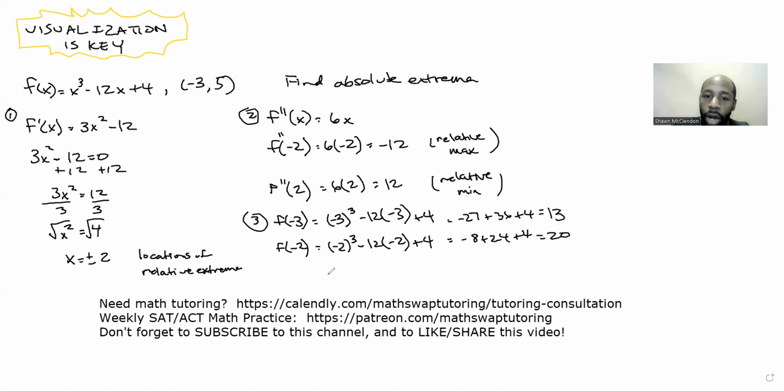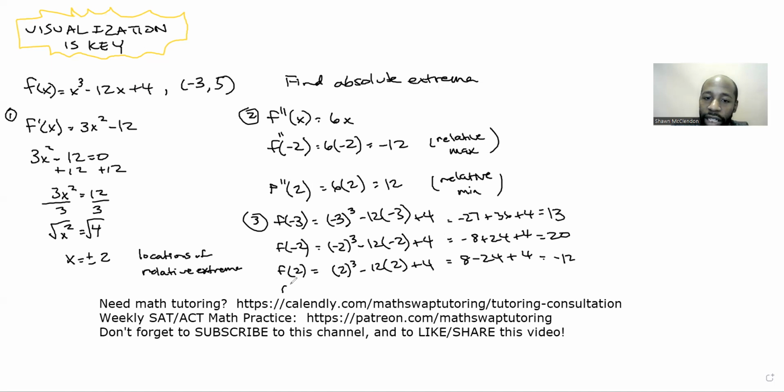All right. So f of 2 is 2 cubed minus 12 times 2 plus 4, which is 8 minus 24 plus 4. So -24 minus 4... that's -20 plus 8, so that's -12.